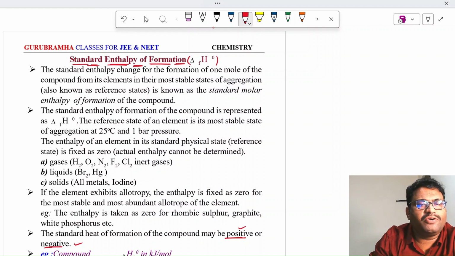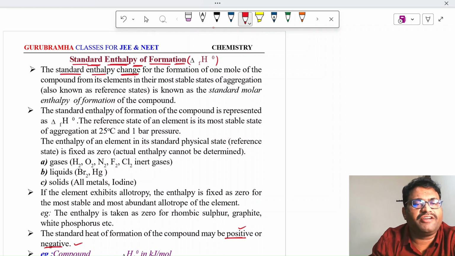And here we are speaking about standard enthalpy of formation. See the definition: the standard enthalpy change. Already we have discussed that during a reaction there will be some change in the enthalpy, and that change is called the enthalpy of that reaction. This is also an enthalpy of reaction, but subdivided; here we are discussing it in the form of enthalpy of formation.